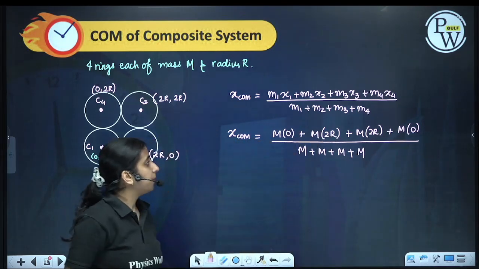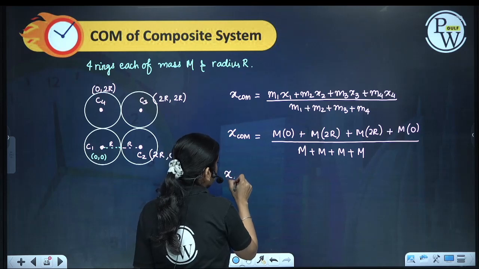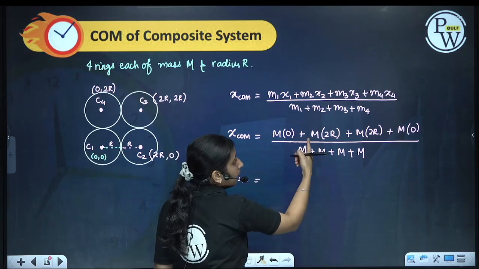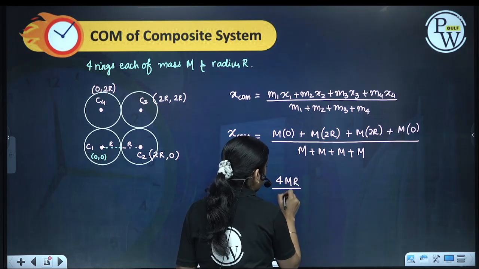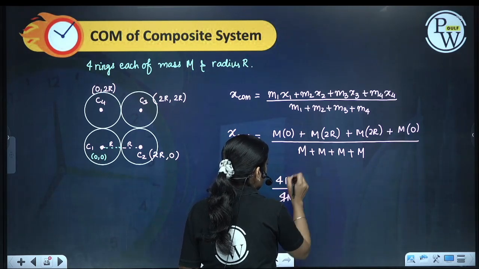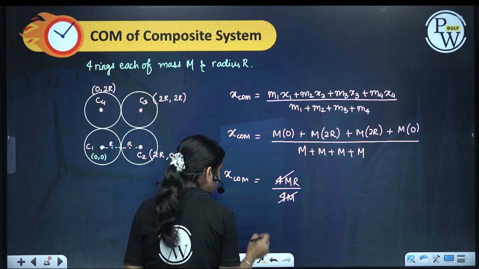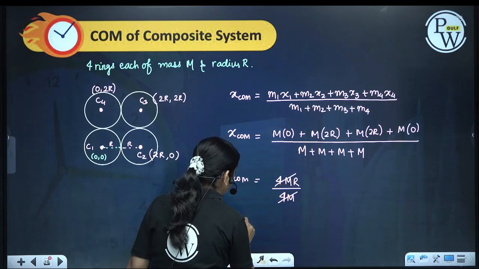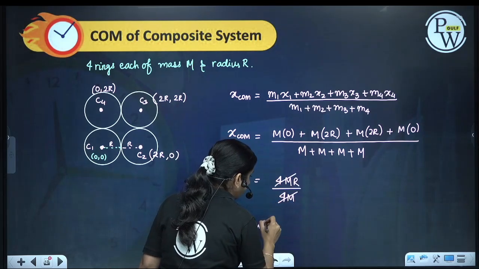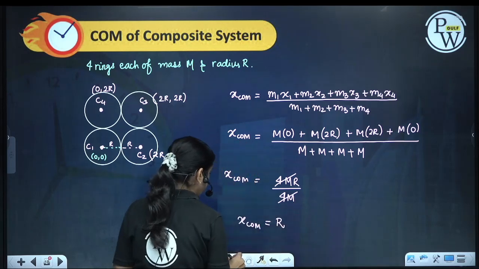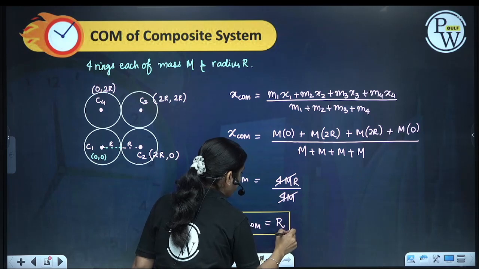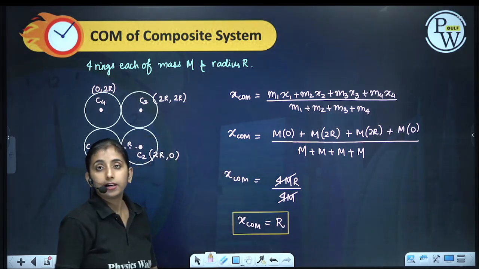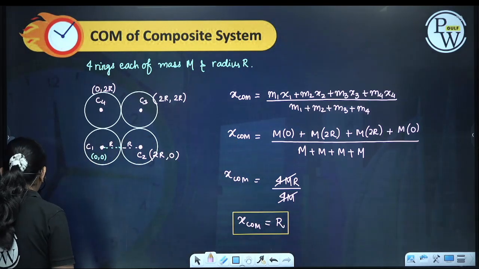So XCOM will become 2mr plus 2mr, 4mr, divided by 4m, and 4m gets cancelled. So XCOM will be r. The x coordinate of the center of mass is r.